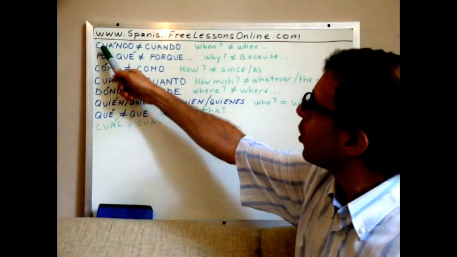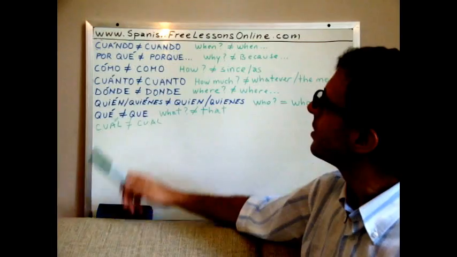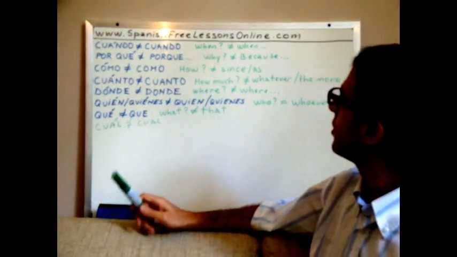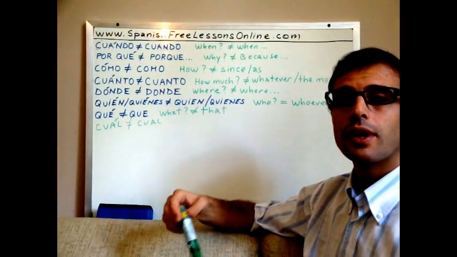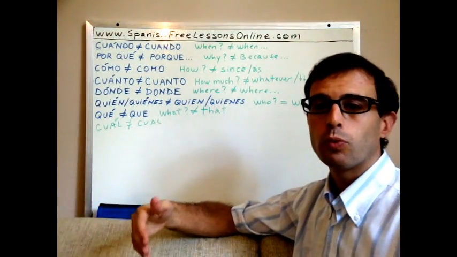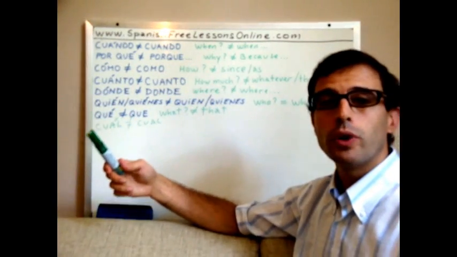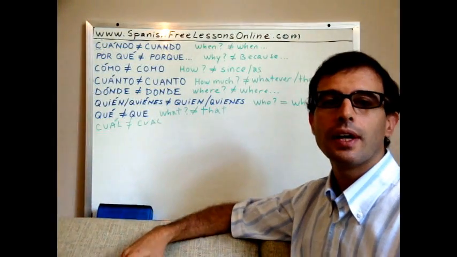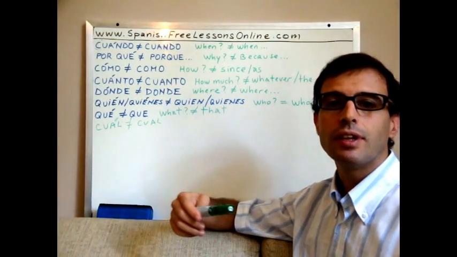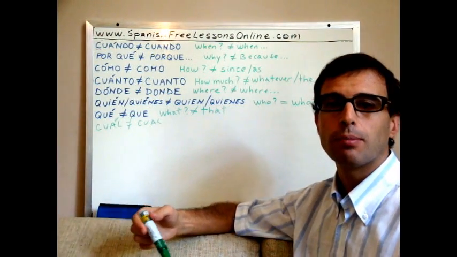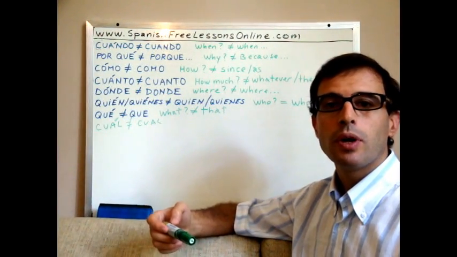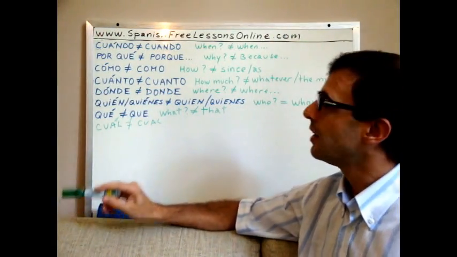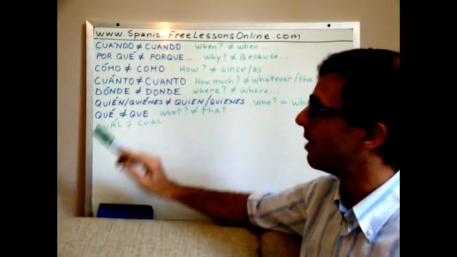For example, cuándo for when has a tilde, and cuando, right, doesn't have a tilde when we are explaining something, right? So for example, if I ask, when will she come, right, that when is cuándo with a tilde. If I answer, if I give the information, for example, I say, she will come when she finishes, right? That second when she finishes, is this second cuando that does not have a tilde, okay?